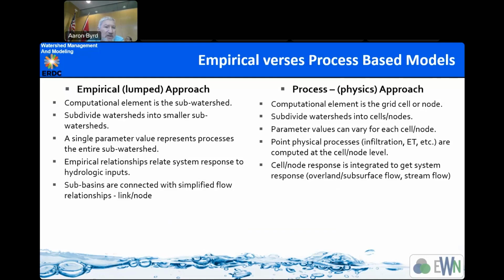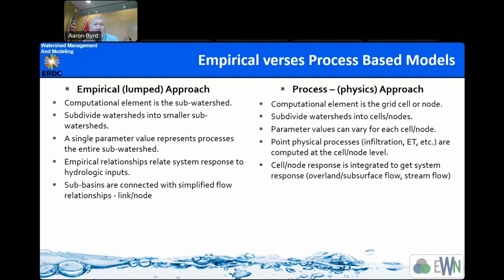You subdivide watersheds into smaller sub-watersheds. So you put a single parameter value to represent the processes in that entire sub-watershed. Empirical relationships are usually used to relate the system response to the hydrologic input, and then the subbasins are connected with some type of simplified flow relationship. This is like a link-node type approach.